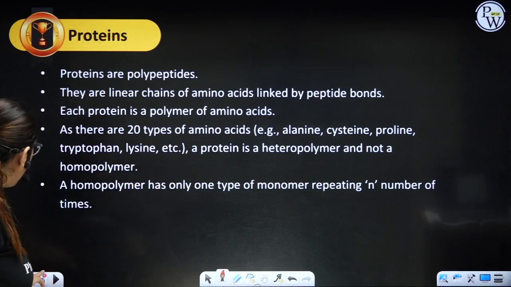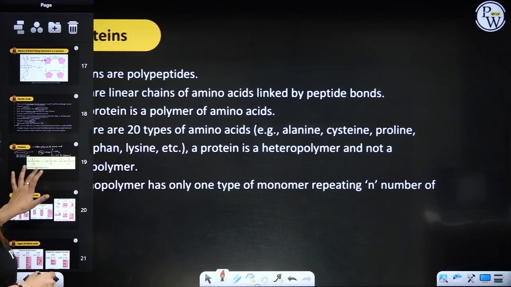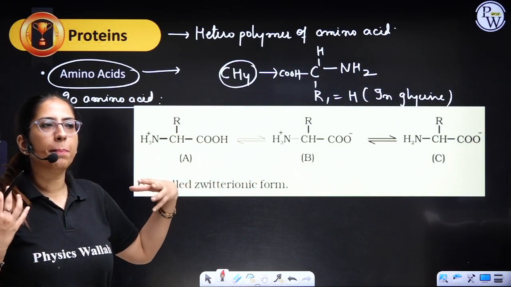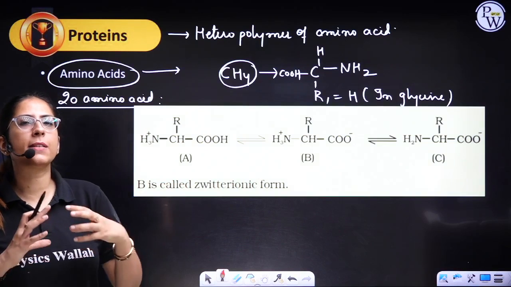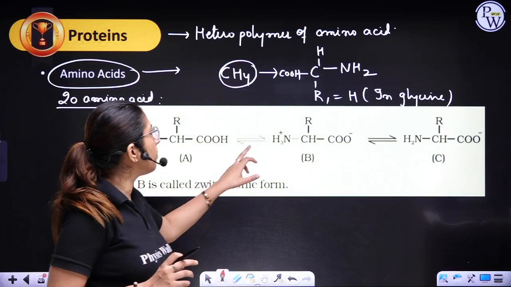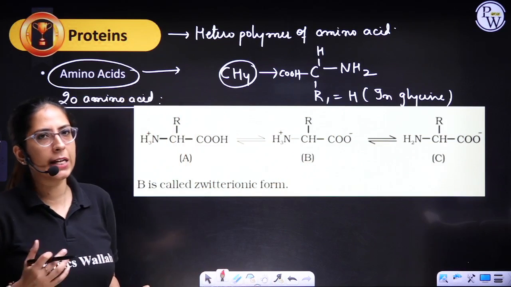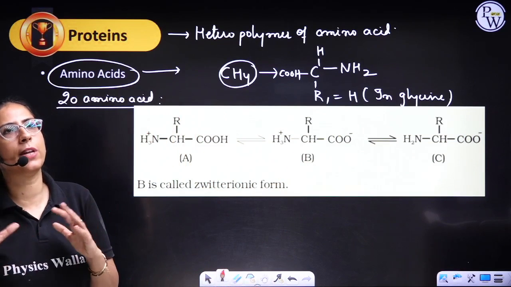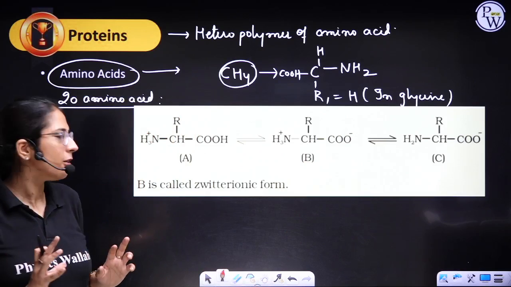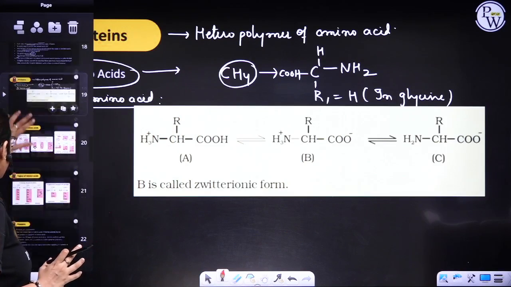Now let's talk about amino acids. An amino acid can exist as a Zwitter ion depending upon the pH. At a specific pH it can form a Zwitter ion. That means both groups will be present in ionic form, NH3 positive and COO negative. That is at a certain pKa value, so they are termed Zwitter ions.